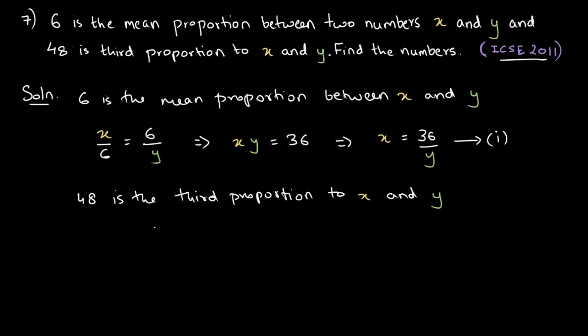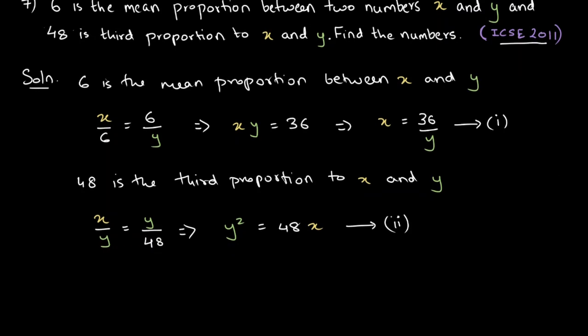If 48 is the third proportion, that means y becomes the second proportion, so x upon y will be equal to y upon 48. x, y and 48 are in continued proportion. If I cross multiply this, I get y square is equal to 48 into x. This, suppose, is my second equation.